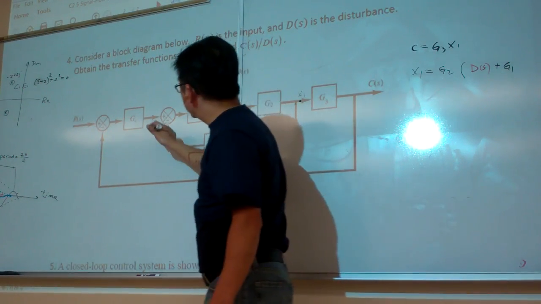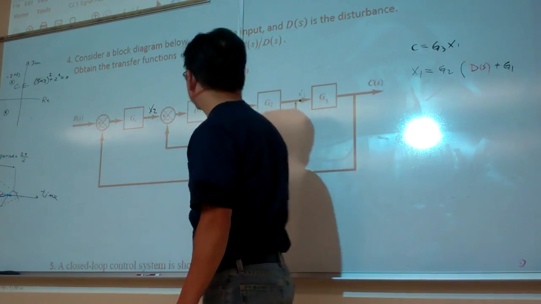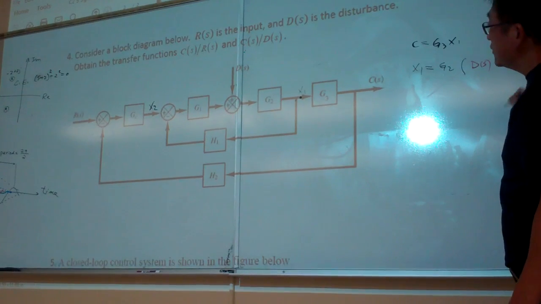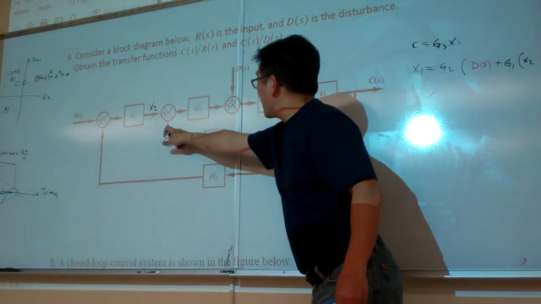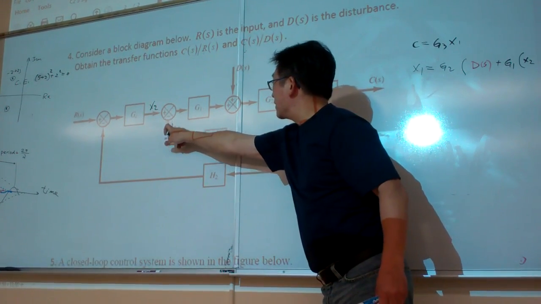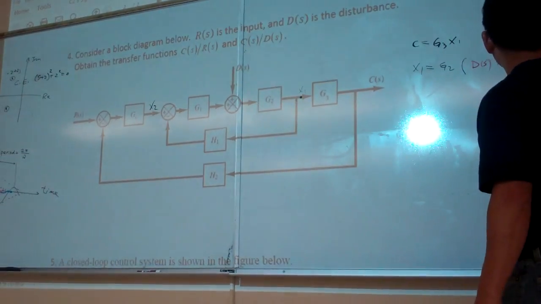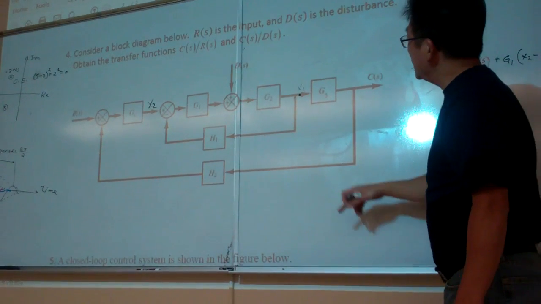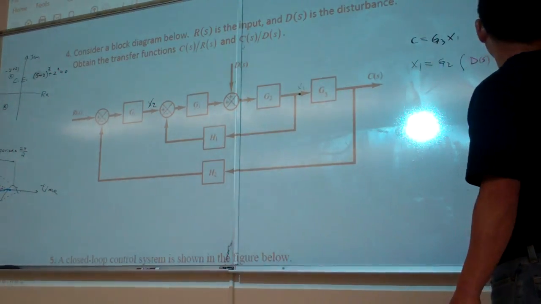Oh my goodness. So here, let me put X2 here. So G1 multiplied with X2, and minus this one here. That minus this one, this one is H1 times X1.